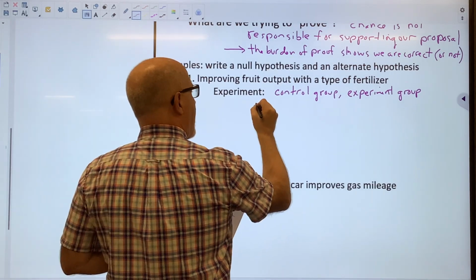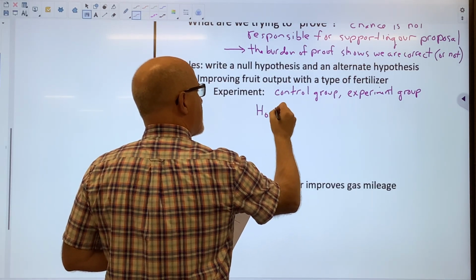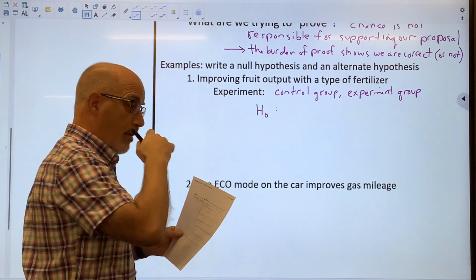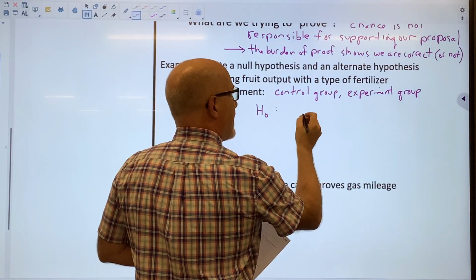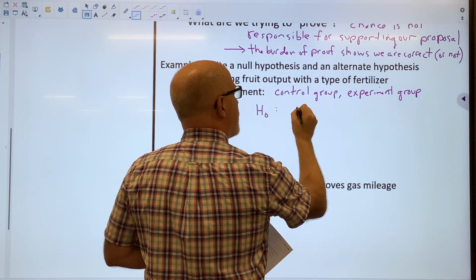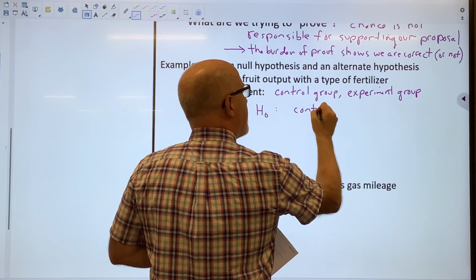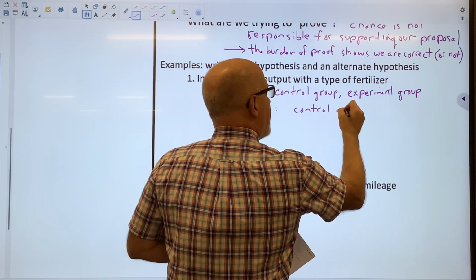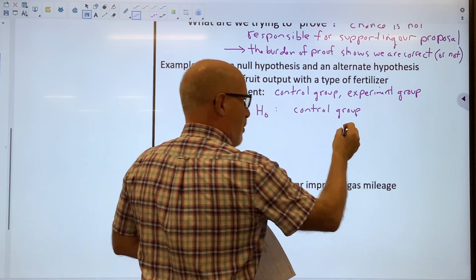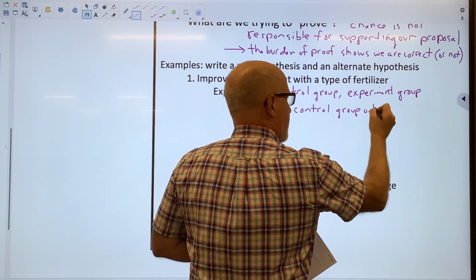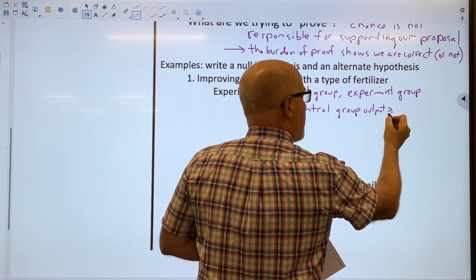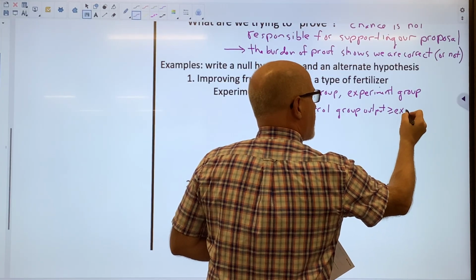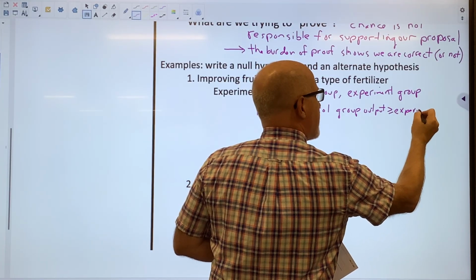Our null hypothesis, H sub 0, this is how we write it, null hypothesis with a colon. What we'd say is that the control group output is greater than or equal to the experiment group output.